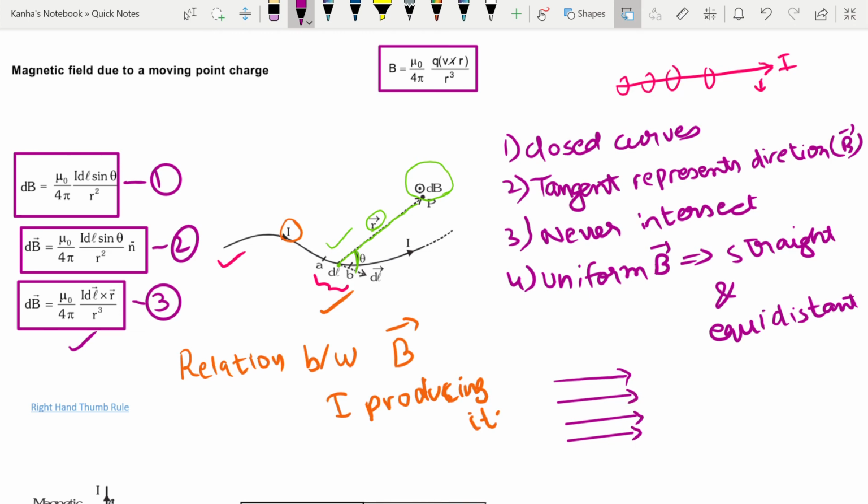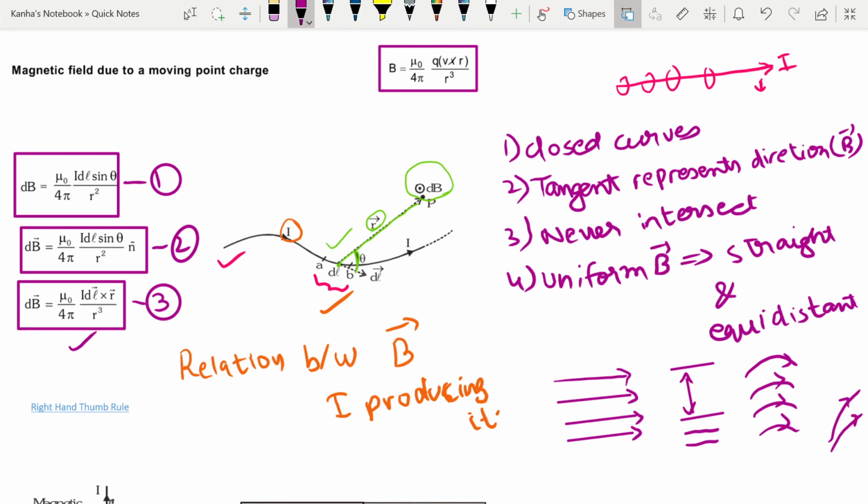Okay, for the non-uniform field, you can have cases like here, one line is there. Although they're all straight, they're not equidistant, so the field is non-uniform. Similarly, for a non-uniform field, you can have field lines like this, or you can have the same distance but field lines of this sort.